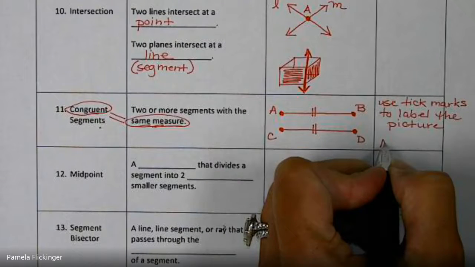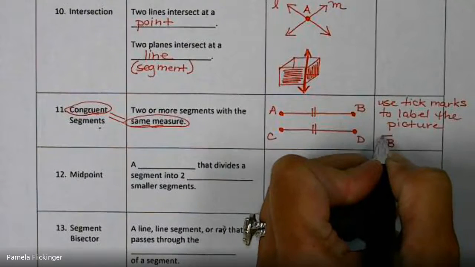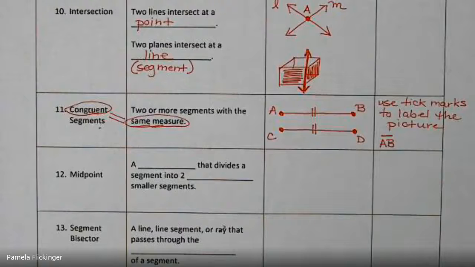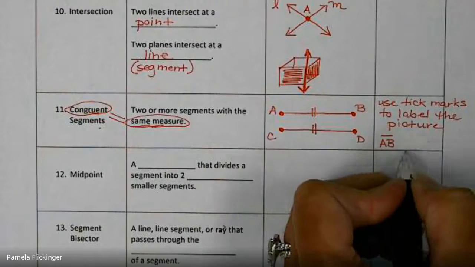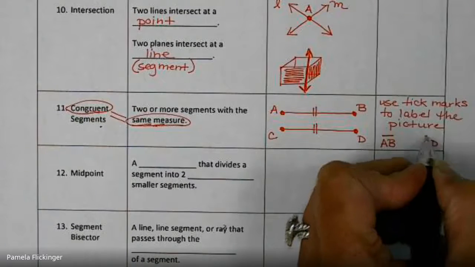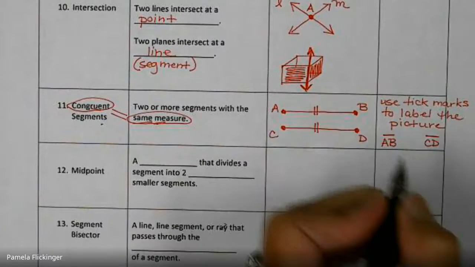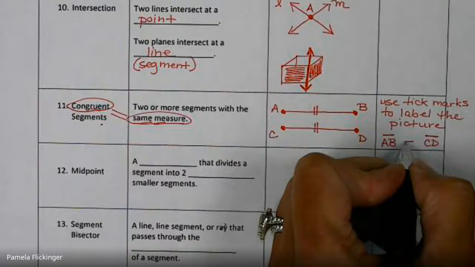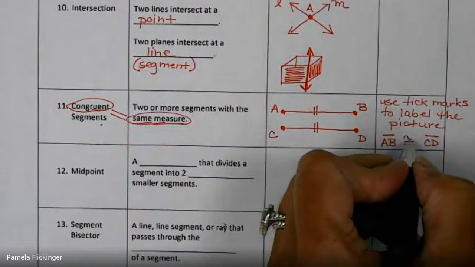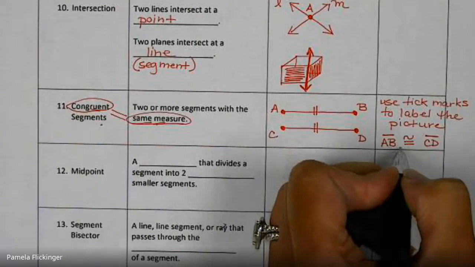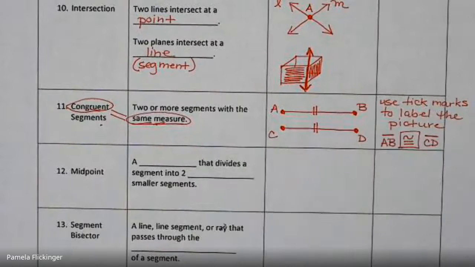Actually, let's write the names first. So we've got segment AB. We'll put the bar over it, no arrow. Leave some space in here. And then we've got segment CD. And the way we say congruent is we put an equal sign and then it has a little squiggly over it. All right, so this is our congruent symbol right there.